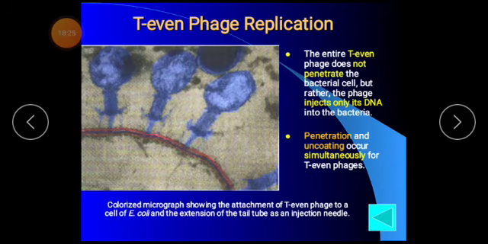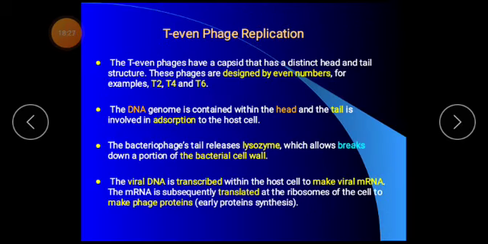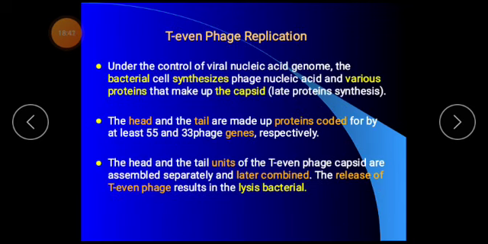Then this viral DNA comprises messenger RNA, which is translated at the ribosome of the cell to make phage protein. So here for the T phage, we also have to know that under the control of the viral nucleic acid genome, the bacterial cell synthesizes phage nucleic acid and various proteins that make up the capsid.